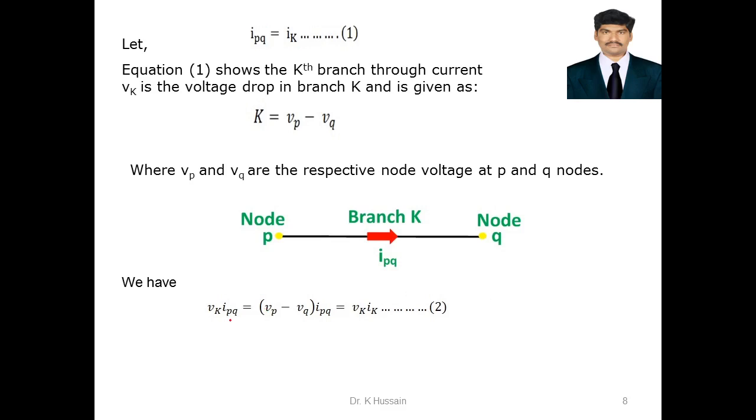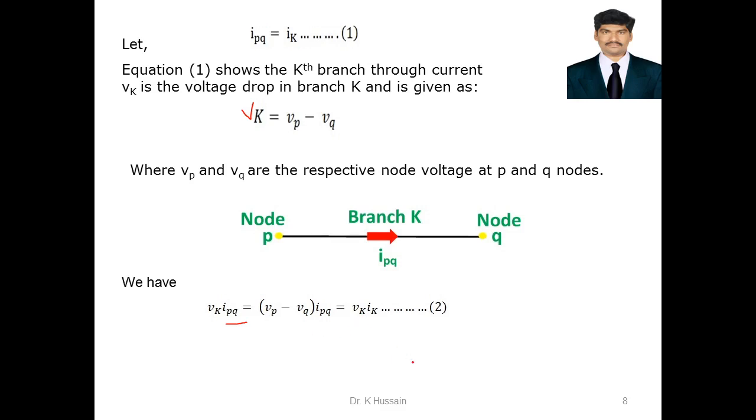So Vk Ik equals Vp minus Vq into IPQ, since Ik is nothing but IPQ. That is equation 2.